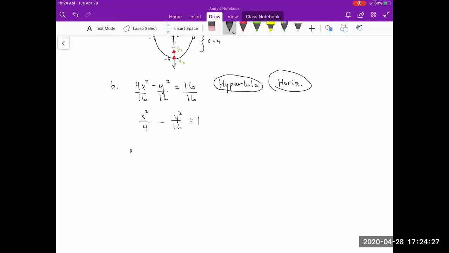Now A is the square root of the number in front, so in this case that is 2. B is the square root of the number in back of the subtraction, which in this case is the square root of 16, which is 4. Also, c squared is a squared plus b squared for hyperbolas. So 2 squared is 4, 4 squared is 16.